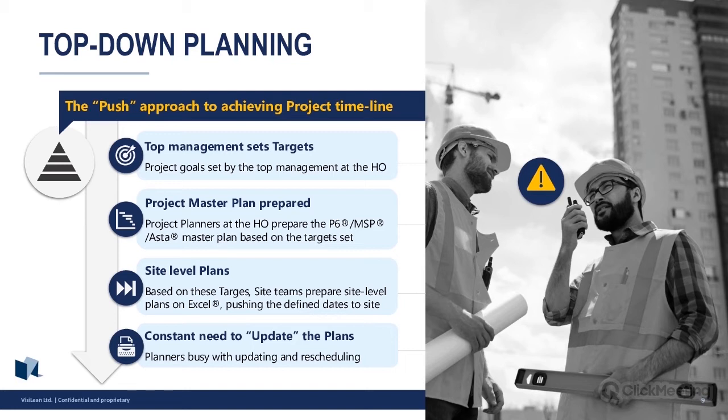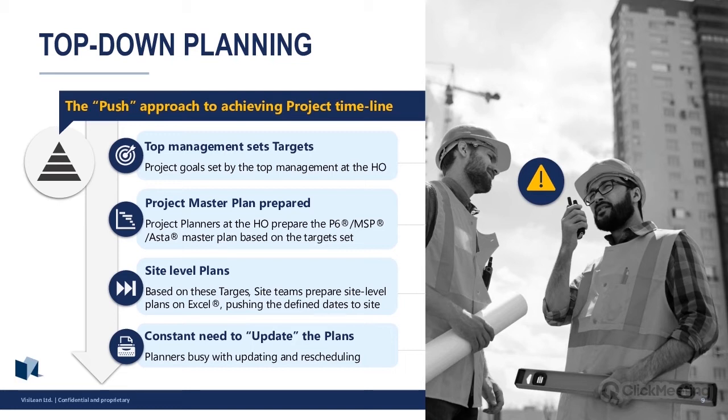The planner is getting updates left, right, and center from everyone. So the planner isn't free to plan progressively for the future of the project, or to go into a bit more detail, because they're just having to update. What you find is P6, Asta, MS Project, Excel all require a lot of manual data entry, manual progress updates.